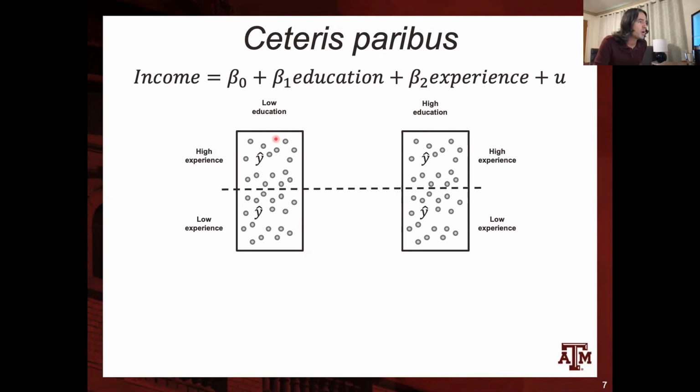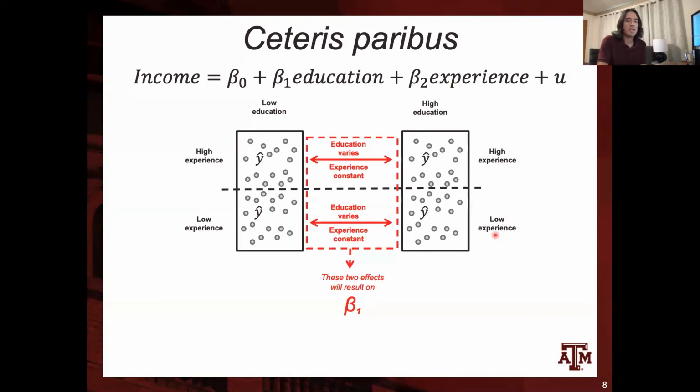So I have to compare these people here with these people here. And I compare these people here with these ones. So I vary education, but I maintain, in this example, experience high, and in this example, experience low. So this is how I estimate the beta 1.